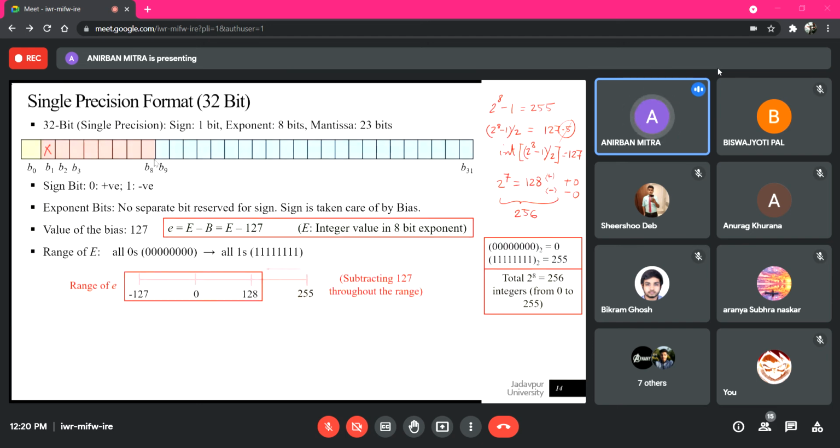There is no difference between a positive 0 and a negative 0. So that is where it saves us 1 bit. And to avoid the confusion regarding the positive 0 and the negative 0 in case of exponents, we go for the biased representation.